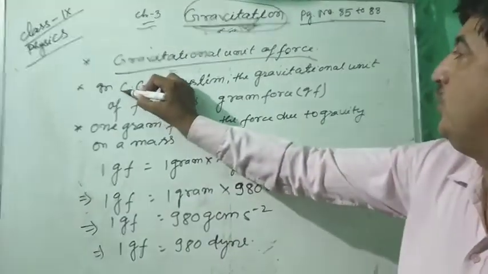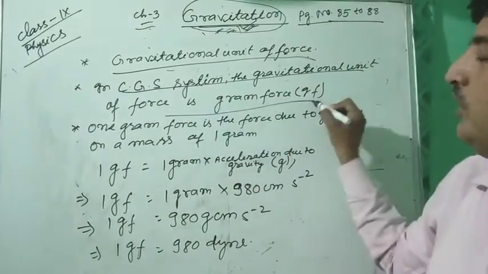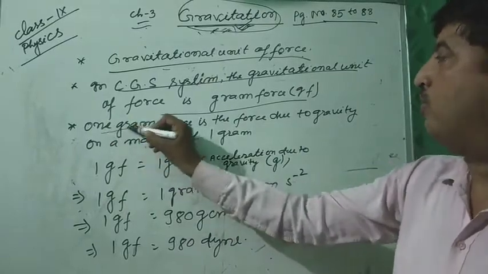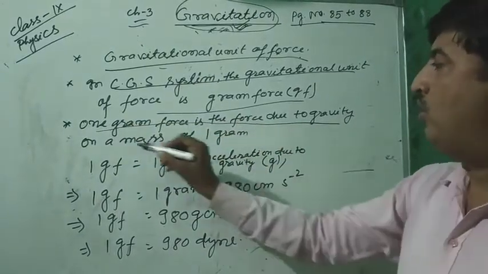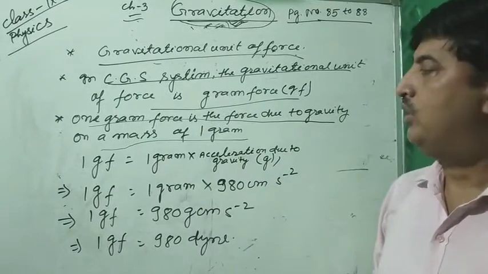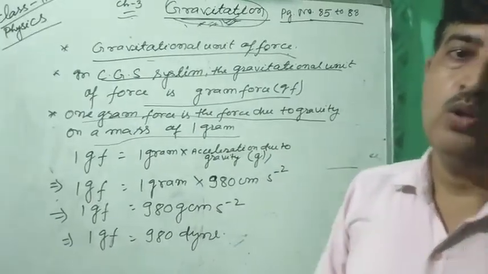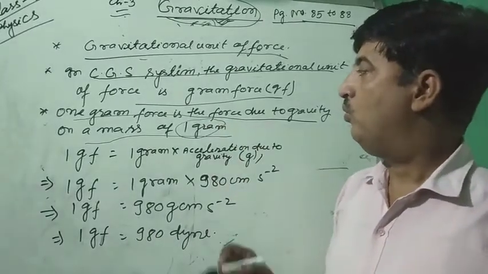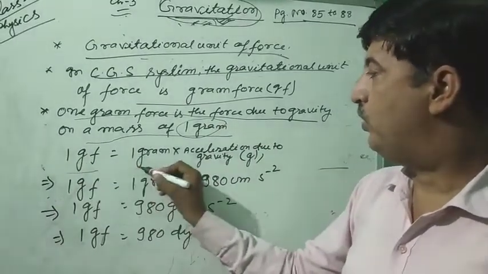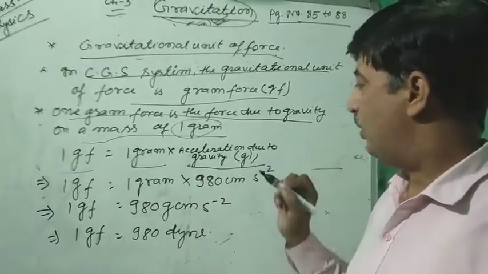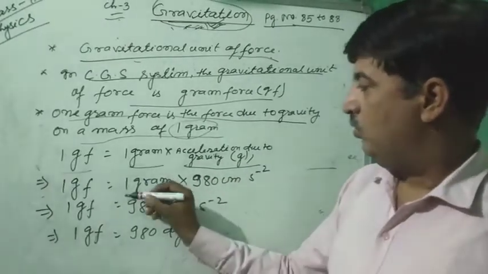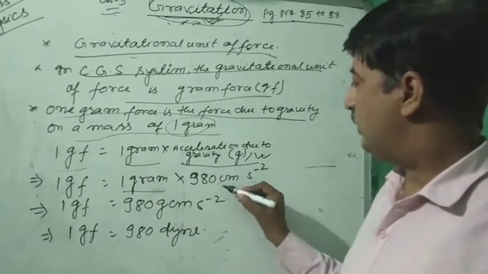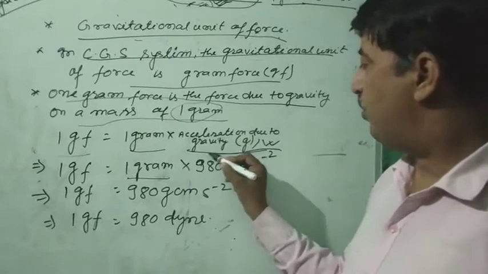In CGS system, the gravitational unit of force is gram force, and 1 gram force is defined as the force due to gravity on a mass of 1 gram. Means the gravitational force applied on a 1 gram body is called 1 gram force. 1 gram force is equal to 1 gram into acceleration due to gravity, and the value of g in CGS system is 980 centimeter per second square.